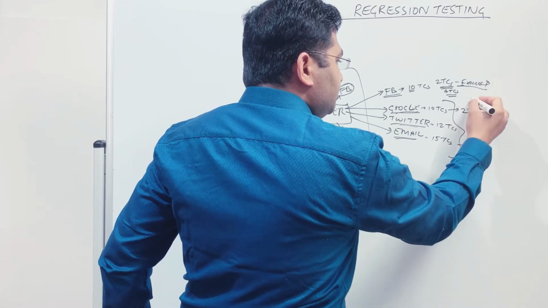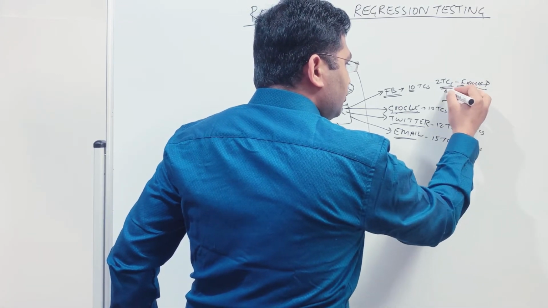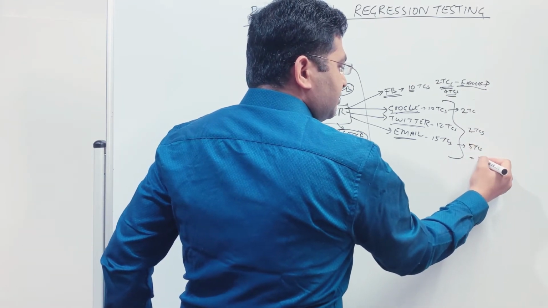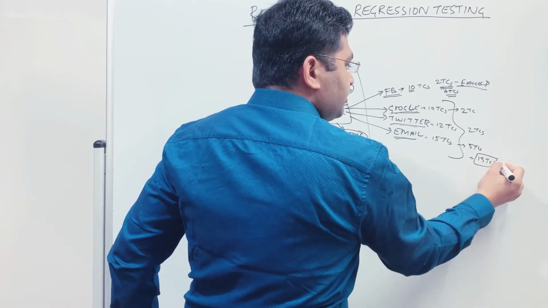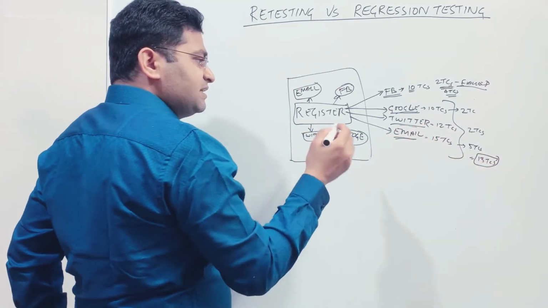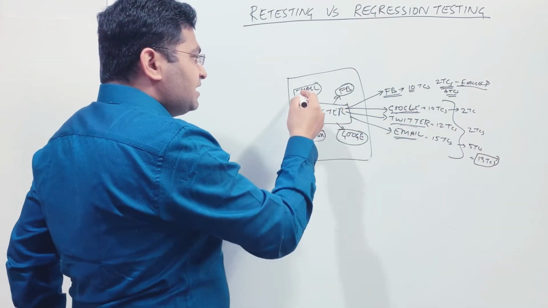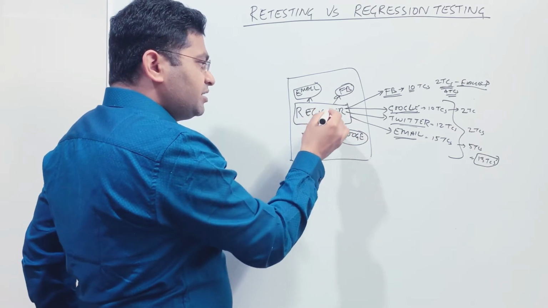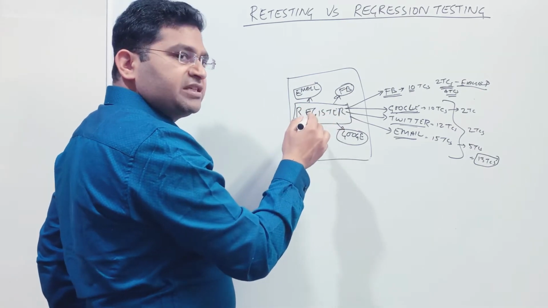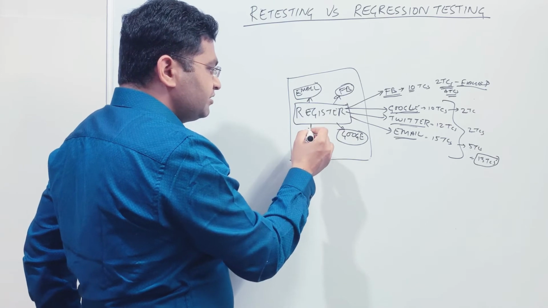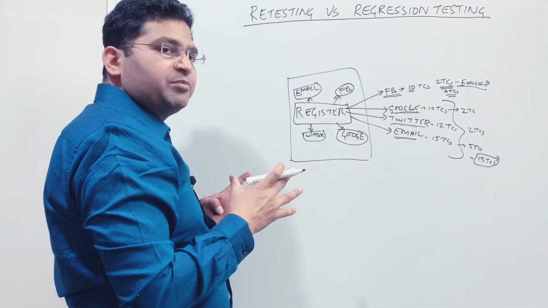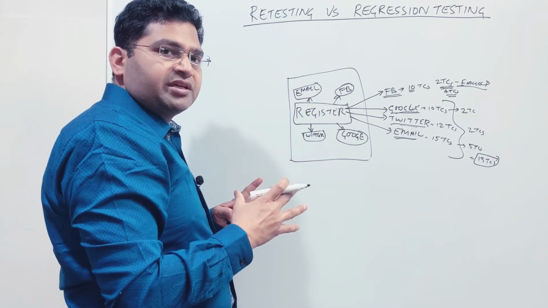So when you execute these 4 plus 2 plus 2, 8, and plus 5, so 13 test cases altogether, because these 13 test cases are the key test cases that are related or critical to this registration functionality and cover all the related modules, then this type of testing is regression testing, right?